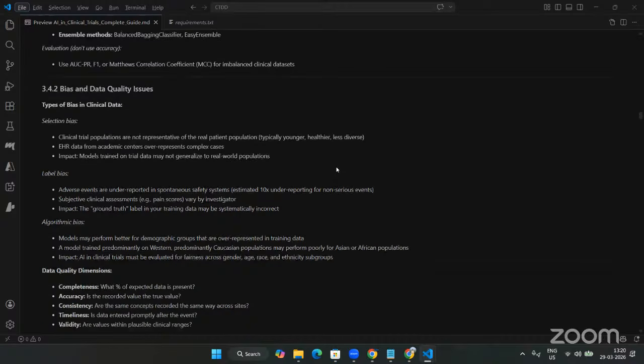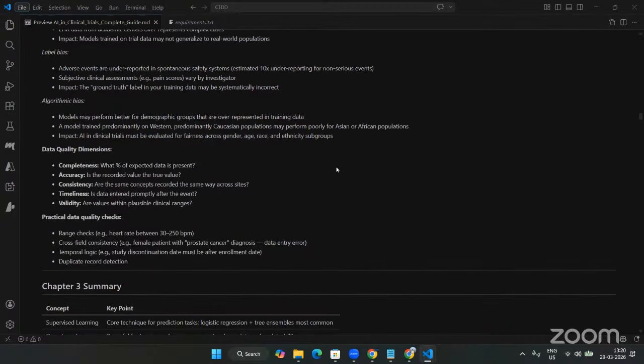Algorithmic bias: models may perform better for demographic groups that are overrepresented in training data. A model trained predominantly on Western, predominantly Caucasian populations may perform poorly for Asian or African populations. Impact: AI in clinical trials must be evaluated for fairness across gender, age, race, and ethnicity subgroups.